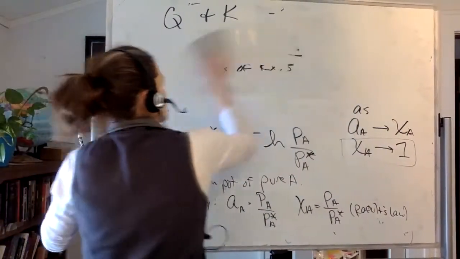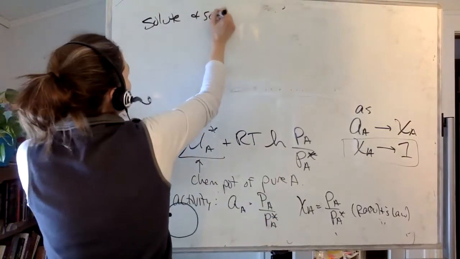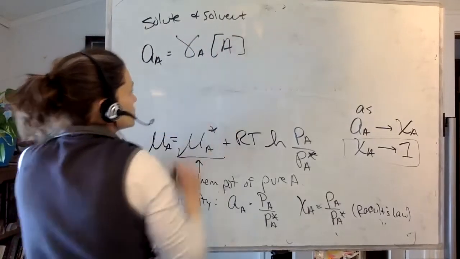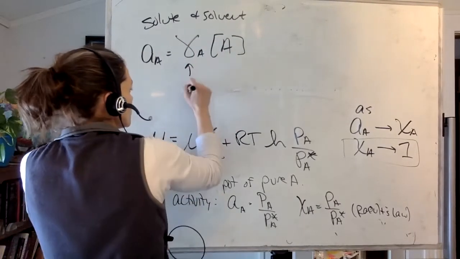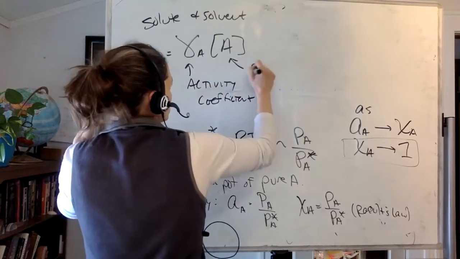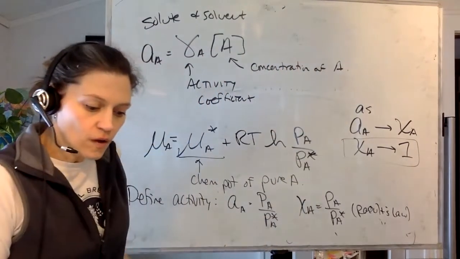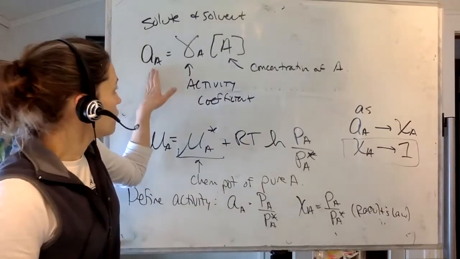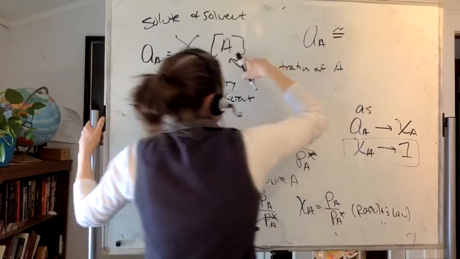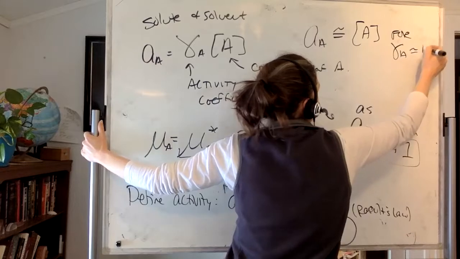For non-mixtures, so for a solute and a solvent, the activity of A is equal to the activity coefficient times the concentration of A. This is called the activity coefficient, and this is just the concentration of A. So the activity of A goes to the concentration of A for the activity coefficient equal to 1.